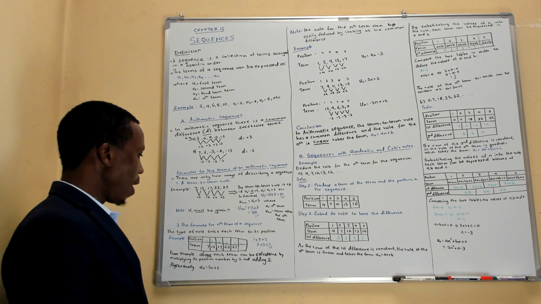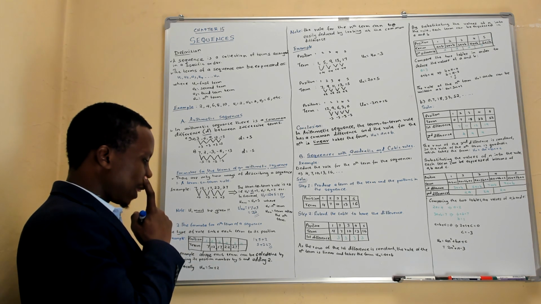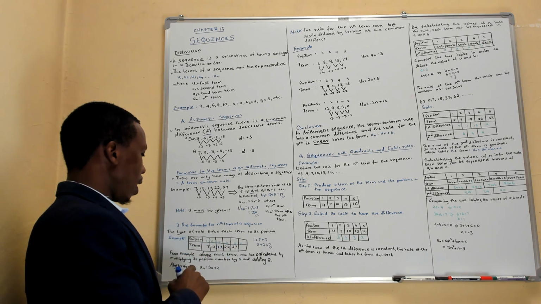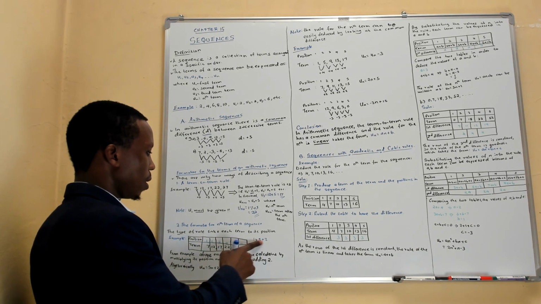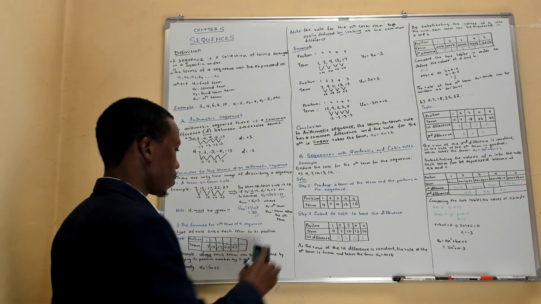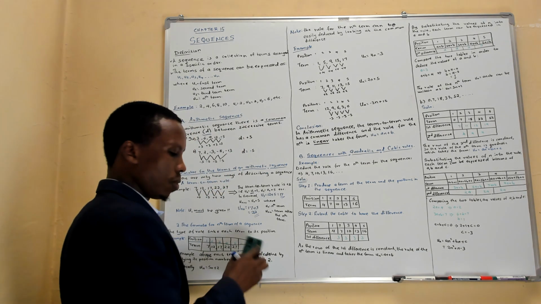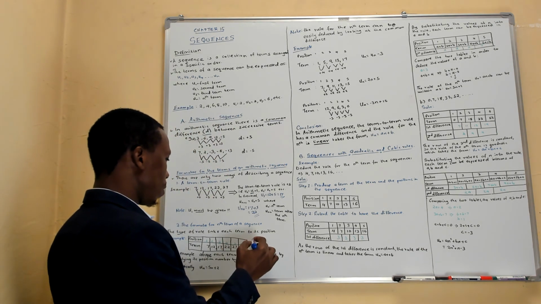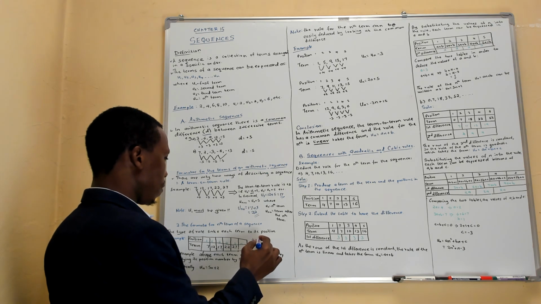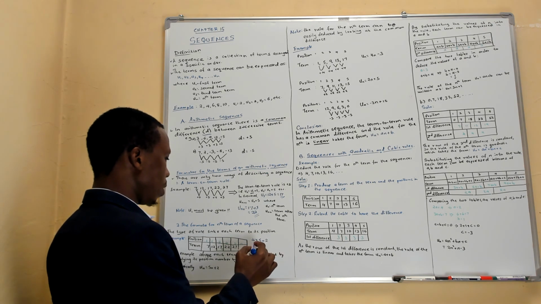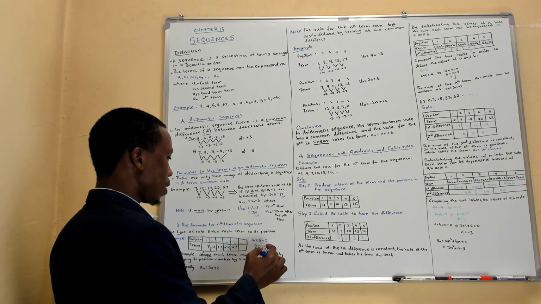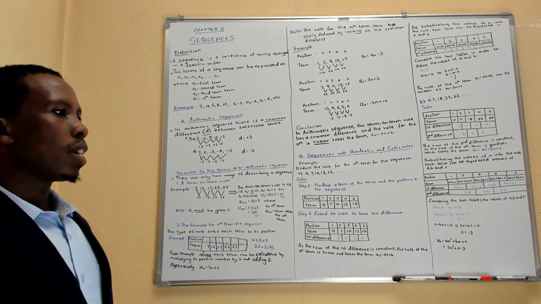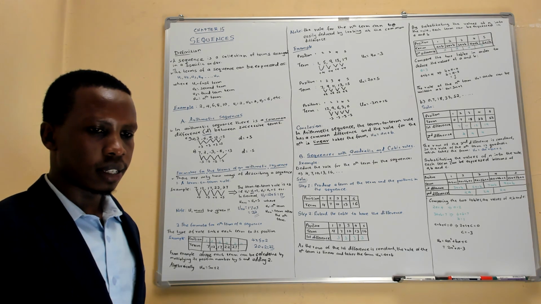For example, if I would want to get the fourth position value of this sequence, I will take the position which is 4, multiply by 5, then add 2, so that is 20 plus 2, I get 22. So that is another formula of getting the nth term of this sequence.